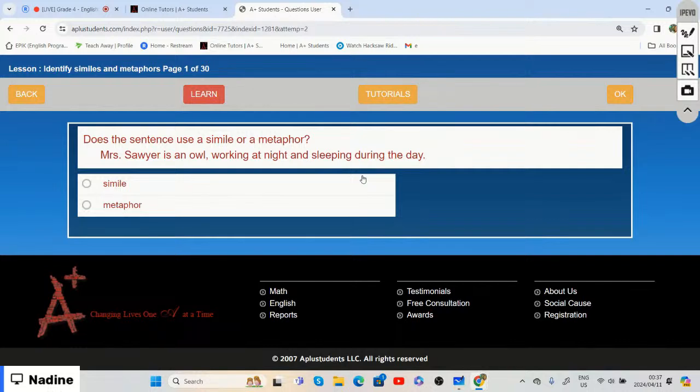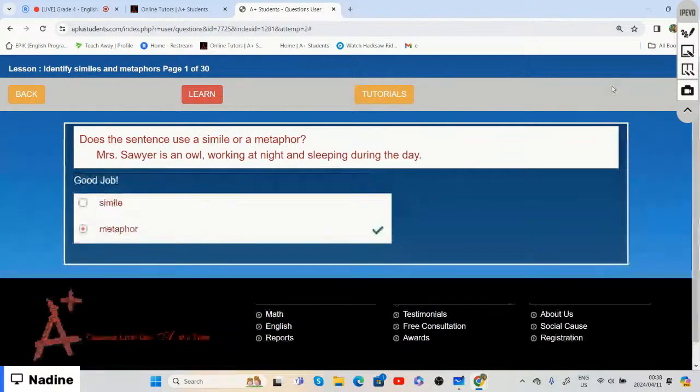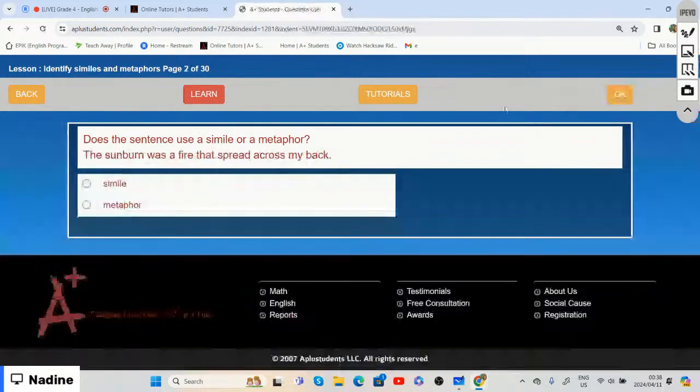If we were to choose either a simile or a metaphor, then we can say it is a metaphor. And a metaphor is correct. So well done, everybody. The second option, metaphor, is correct.